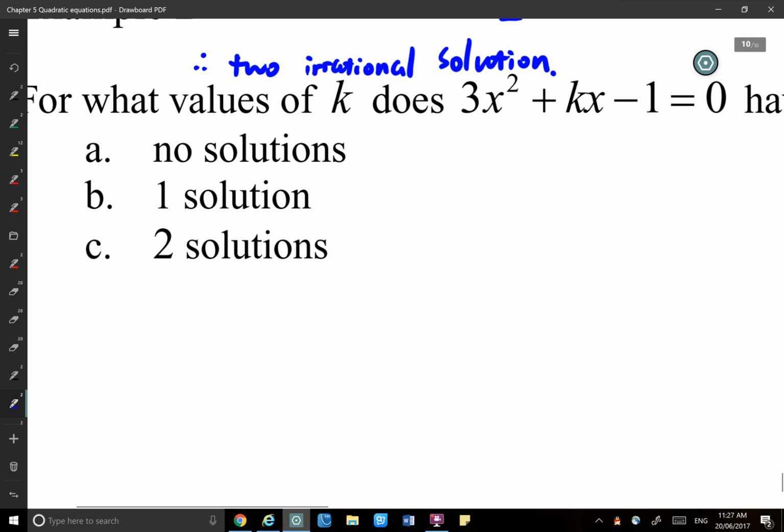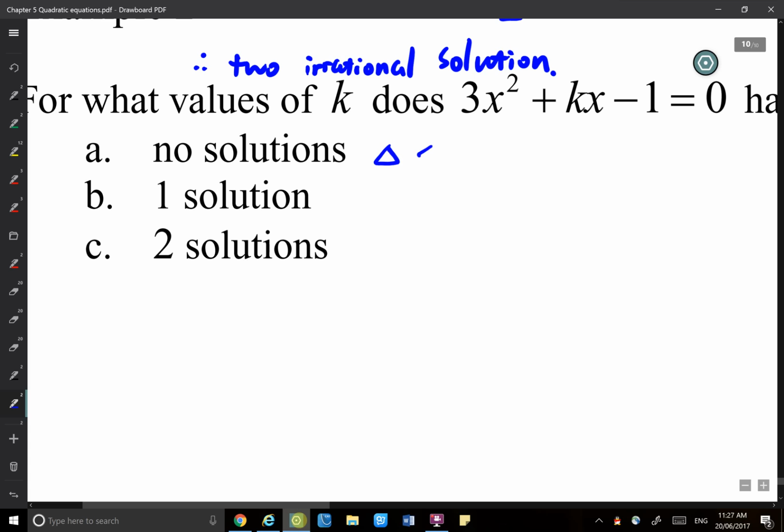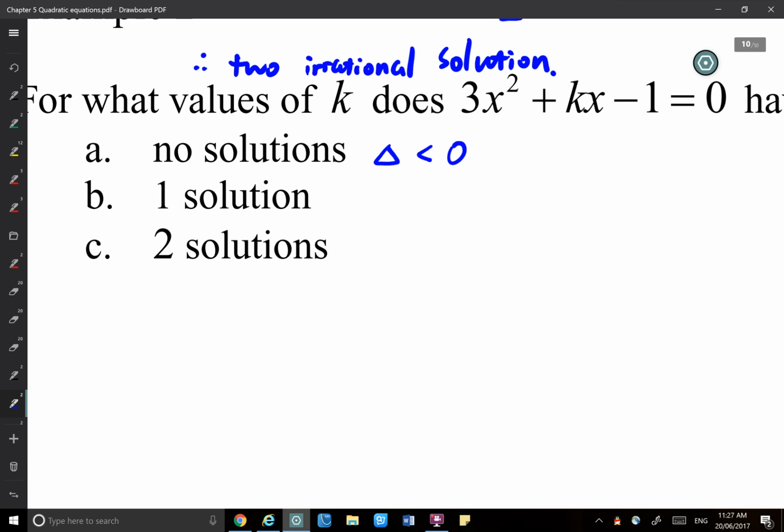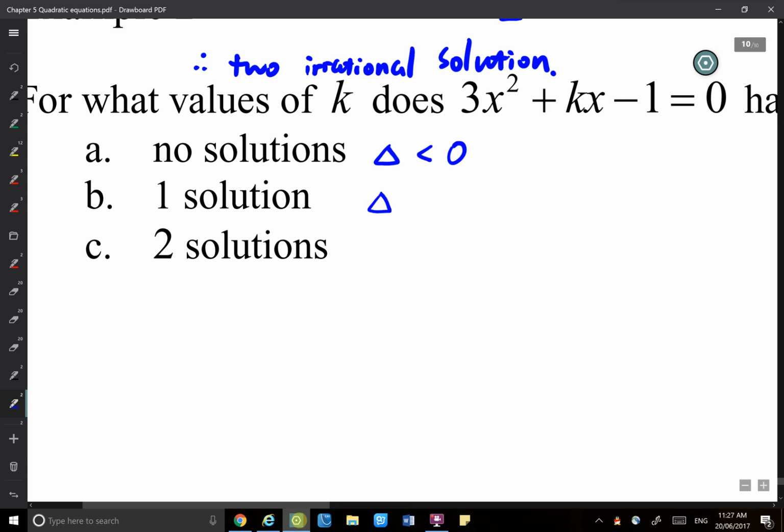Let's say if we need no solution, what is required? It needs to be negative. The discriminant needs to be negative. One solution, what do we need? And what do we need for two solutions? Bigger than 0.